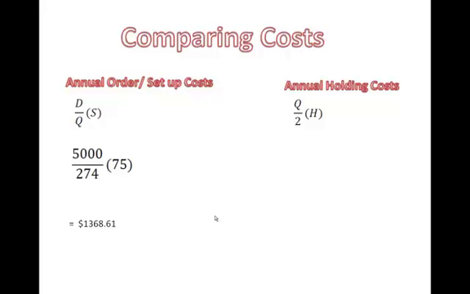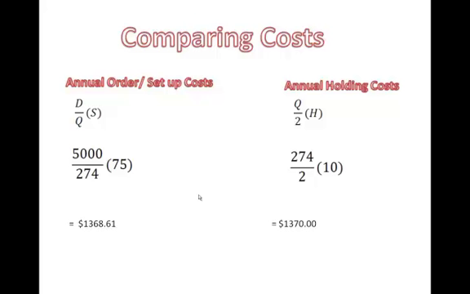Sometimes a little bit more, sometimes a little bit less. So this average inventory, we can multiply by how much it costs us to keep one item in inventory for a year, and that will give us an approximation of how much our holding cost will be. So we'll take 274, divide by 2, multiply by our 10, and that gives us $1,370.